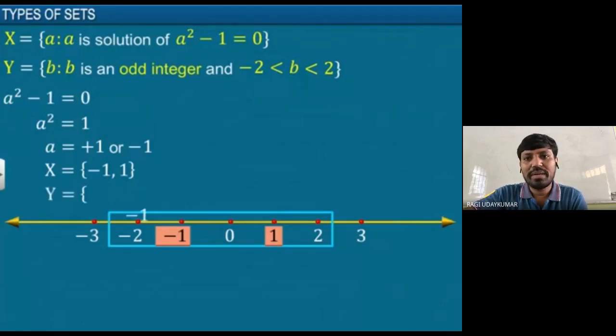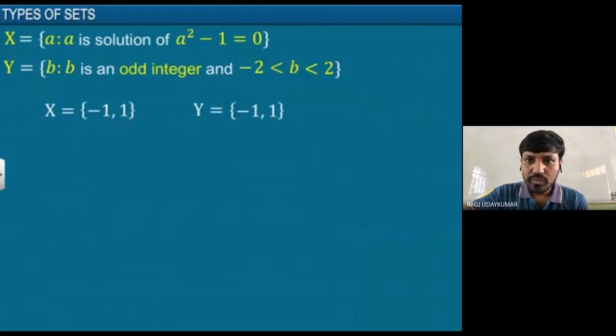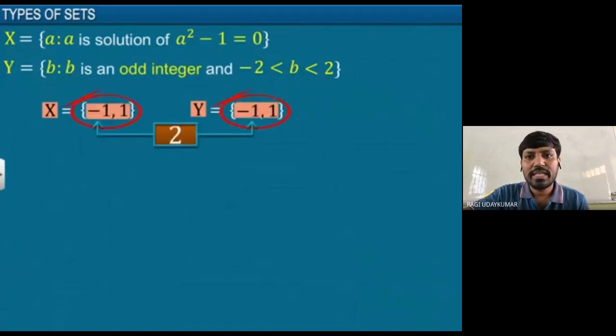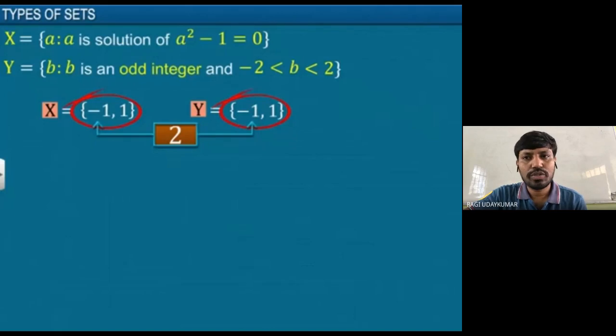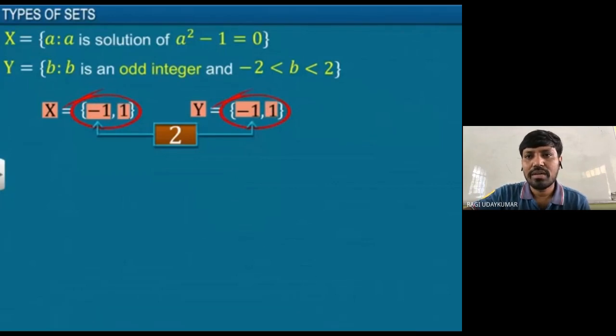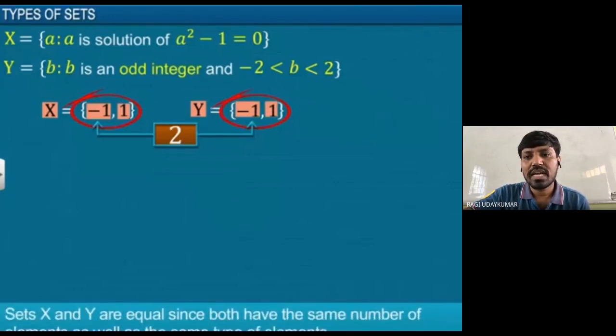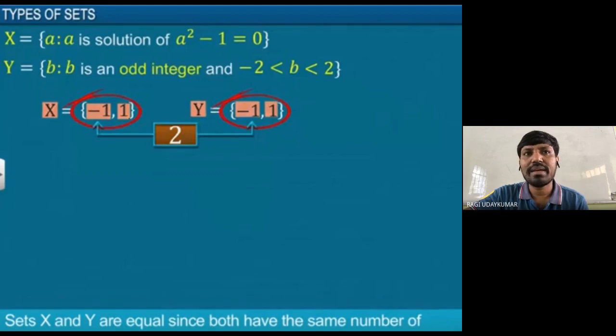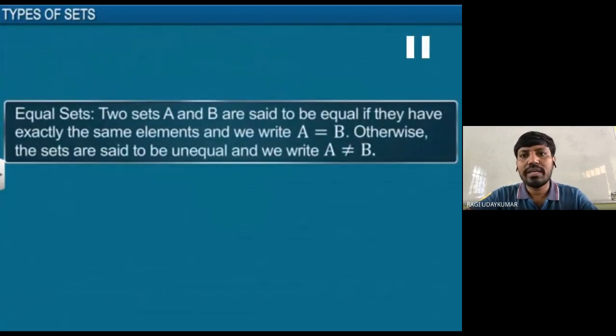So both are the same, even though we write them in different ways. Both sets contain the same two elements, minus 1 comma 1. X and Y are equal since both have the same number of elements as well as the same type of elements. So these are equal sets.